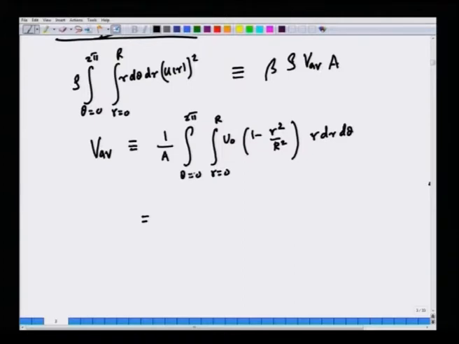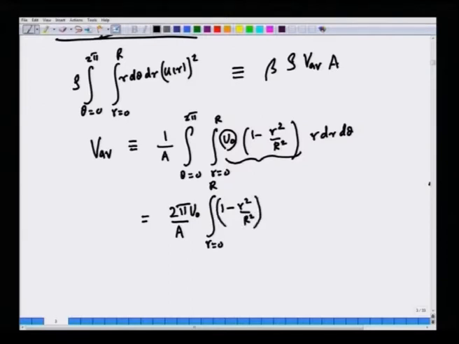First notice that the velocity expression, the integrand, is independent of theta. So you can readily do the theta integral, which gives 2 pi by A times the integral from r equals 0 to R. Since u naught is a constant, you can pull it out. u naught is the maximum velocity at r equals 0. So, 1 minus r squared by R squared, r dr.